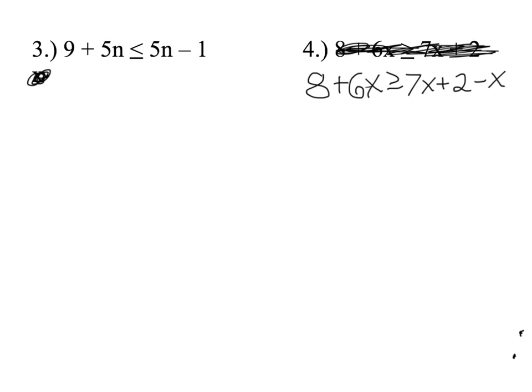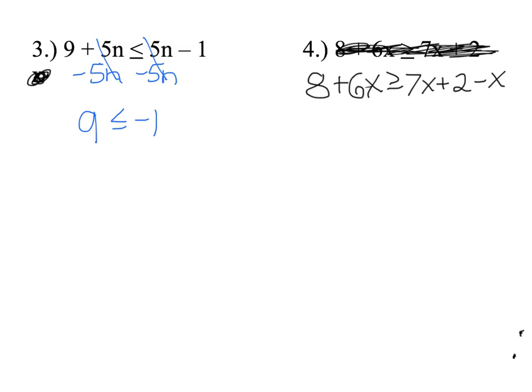So number 3 is 9 plus 5n is less than or equal to 5n minus 1. So we have variables on both sides. We need to get the variables on the same side, so subtract 5n from both sides, and the n's cancel out. And this time we have 9 is less than or equal to negative 1.